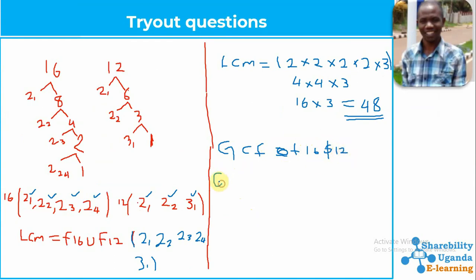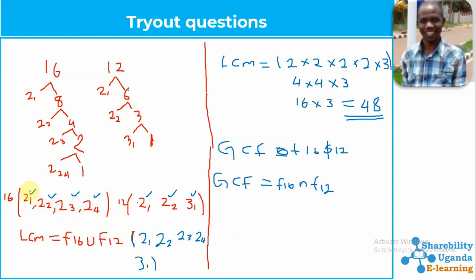For us to be able to get our greatest common factor, we use this formula which says f of 16, the prime factors of 16, intersection the prime factors of 12. So now let's look at these prime factors of 12. From here we can identify them.